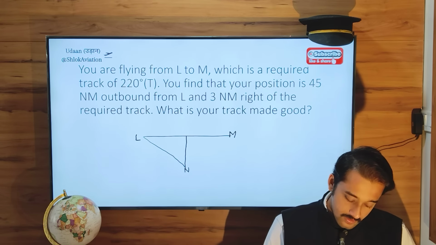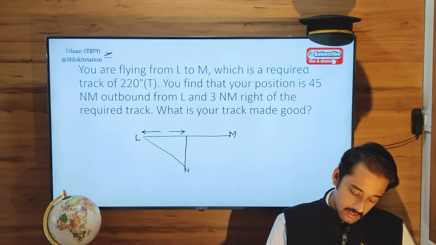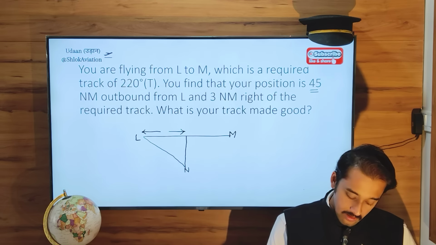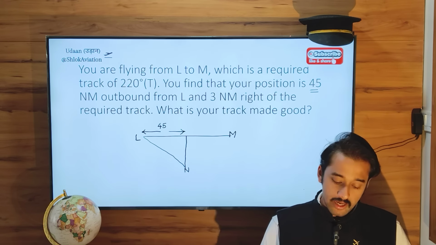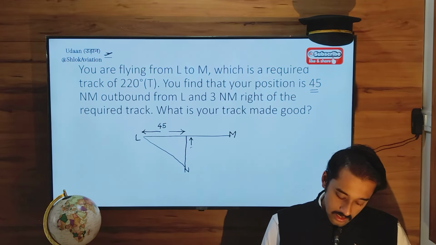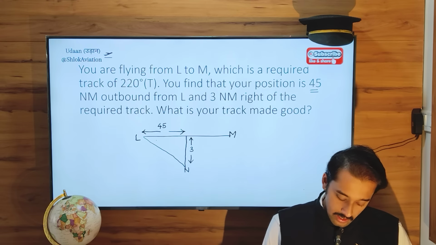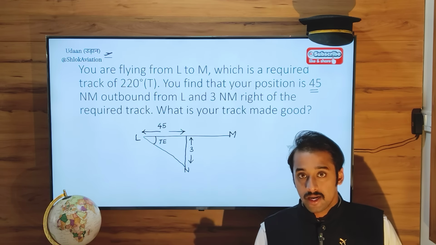So your outbound distance from L is 45 nautical miles. And you are how many nautical miles to the right of the original track? 3 nautical miles. And this will be your track error, the error between your planned track and track made good.